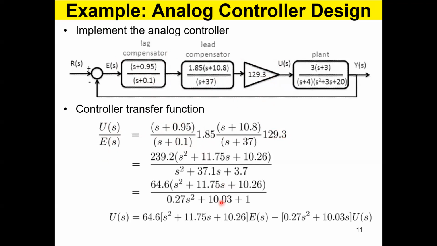When you simplify this, you get this rational polynomial of S. This is the numerator polynomial and this is the denominator polynomial. They are equal in order. Now if you cross multiply and isolate U(s) on the left hand side and bring all the other U(s) and E(s) terms to the right hand side, you get this. So this is a very clear execution of the theory that we just learned.